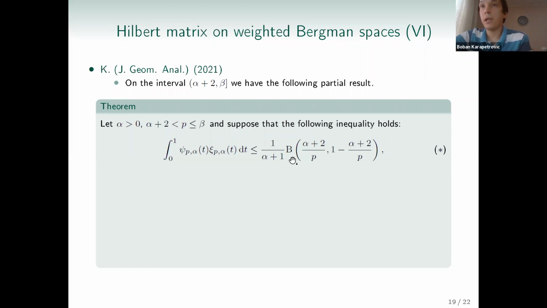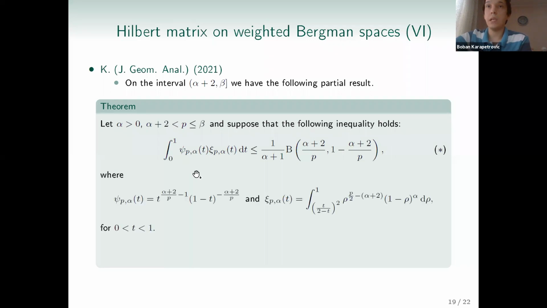here again we have a beta function with these coefficients, alpha plus 2 over p and 1 minus alpha plus 2 over p. So this is the quantity pi over sine of alpha plus 2 pi over p. And here psi is this function. So the integral from 0 to 1 of the function psi is again this beta function.